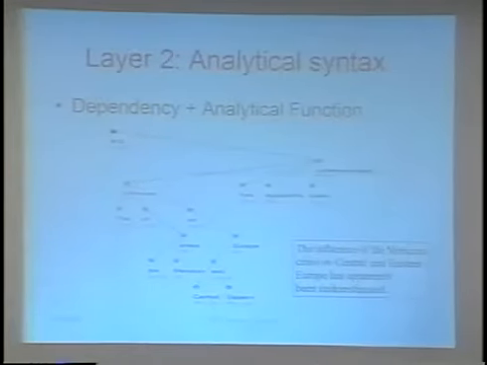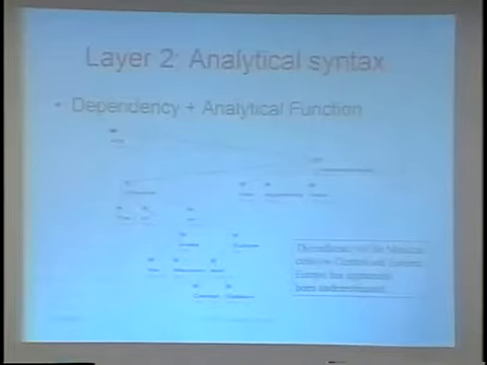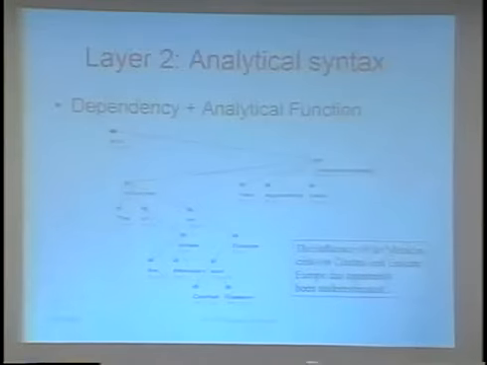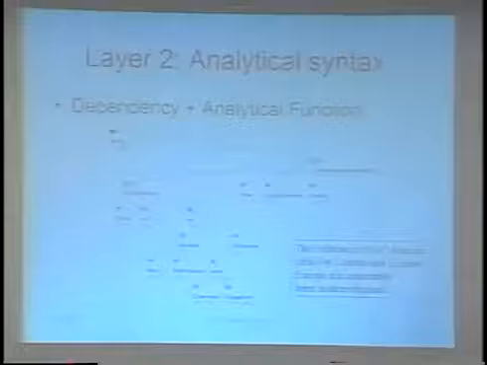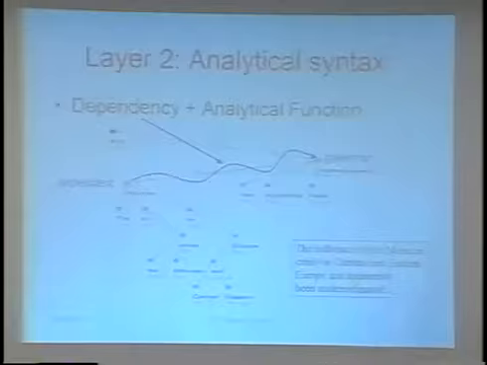The second layer is the surface syntax layer. As I said, it's done in a dependency fashion. So the 2 things we add to the annotation here on top of the morphological tag and the lemma is the dependency, which is represented by the usual lines between the nodes.